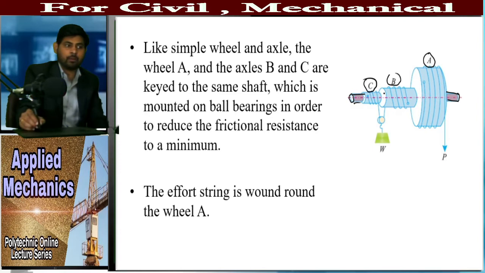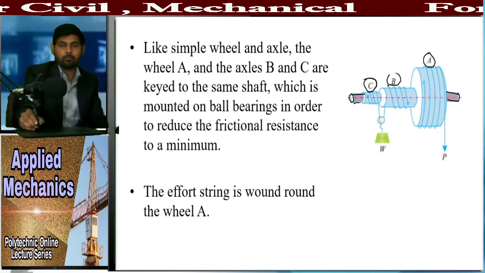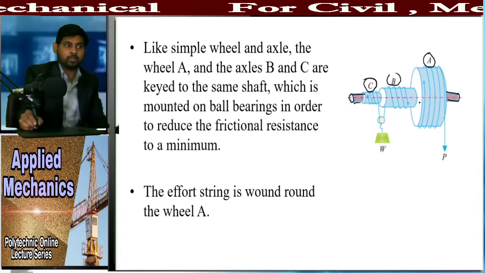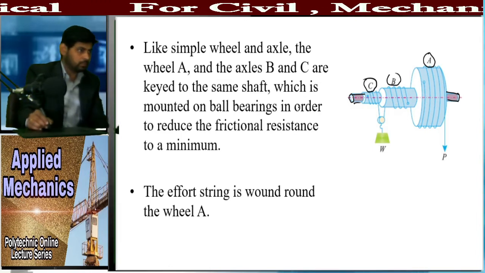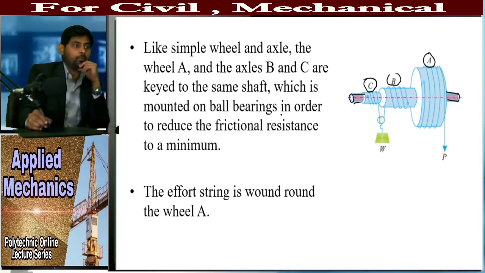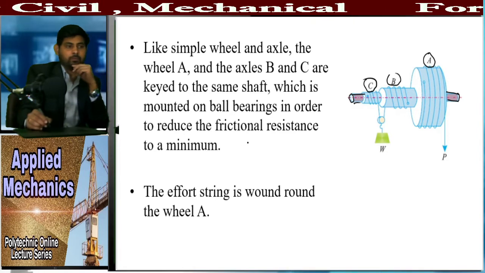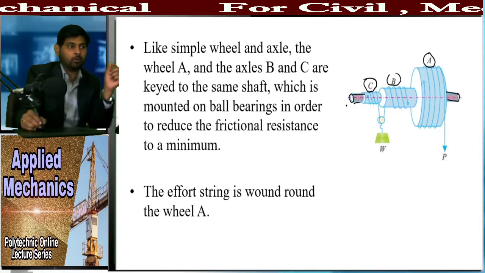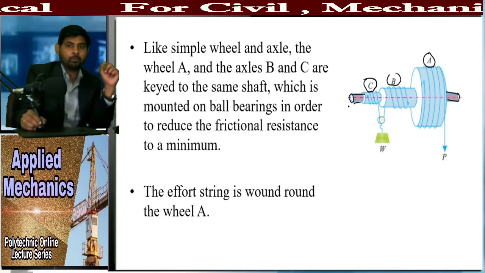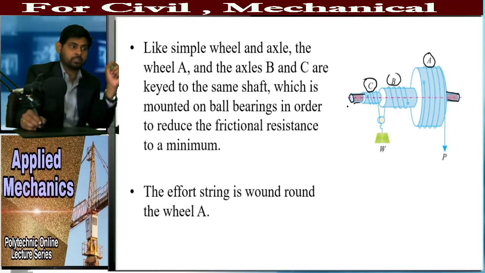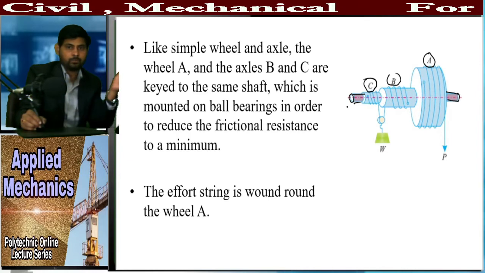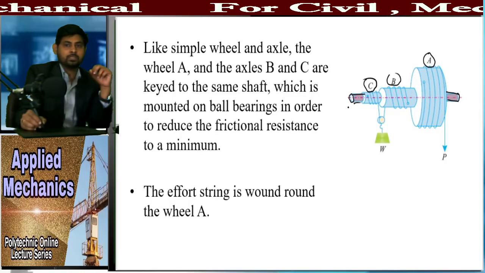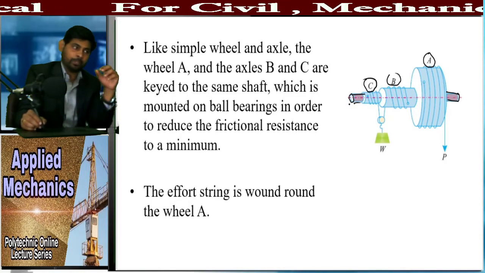So we have only one shaft, and all three components are mounted on it, with B keyed to C, and A keyed with B. The shaft is mounted on a ball bearing in order to reduce the friction resistance to a minimum. Why do we mount it on a ball bearing? Because a ball bearing creates low friction resistance. That's why, to minimize the friction resistance, we mount this shaft on a ball bearing.